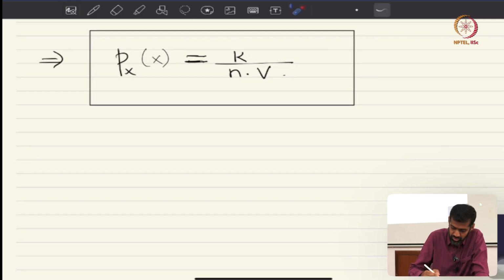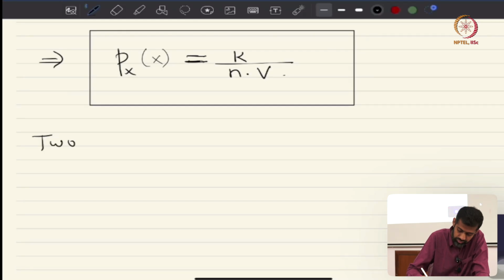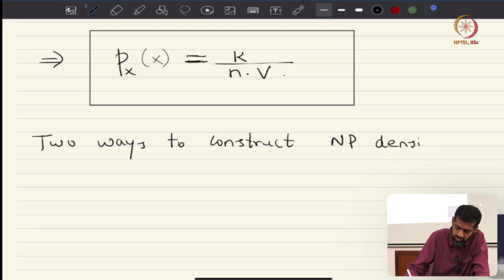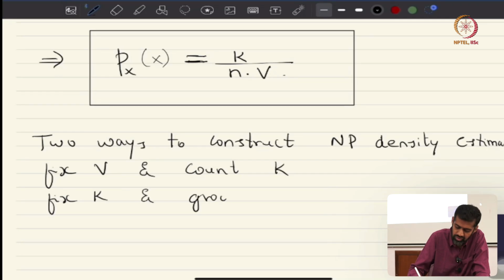Now, two ways to do the above non-parametric density estimates: fix V and count k, or fix k and grow V. These are two ways to do it.